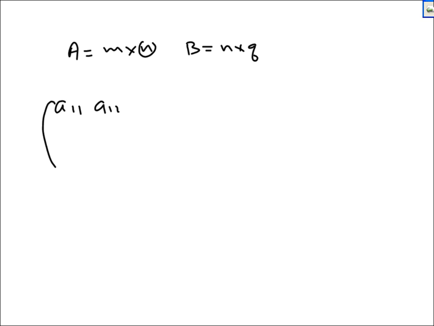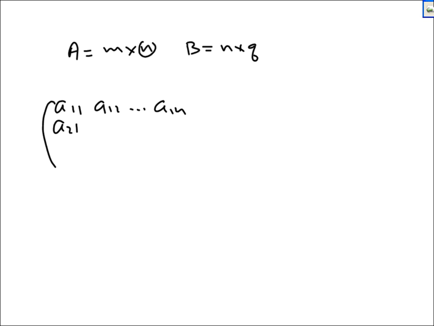Now, let us look at this a bit more closely. Suppose A is m by n, and B is n by q. Okay, so let's look at A. It has n columns. So the first row will be A11, A12, up to A1n.